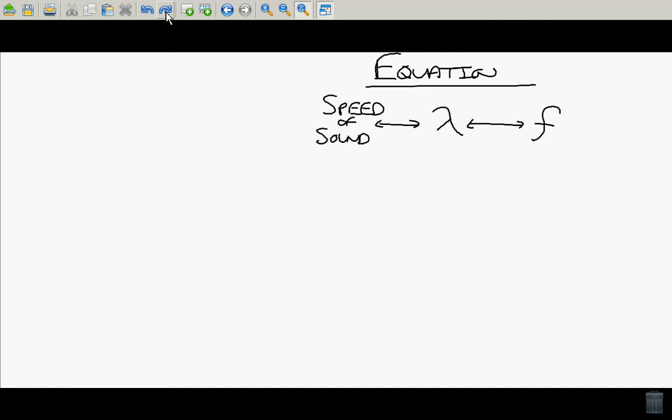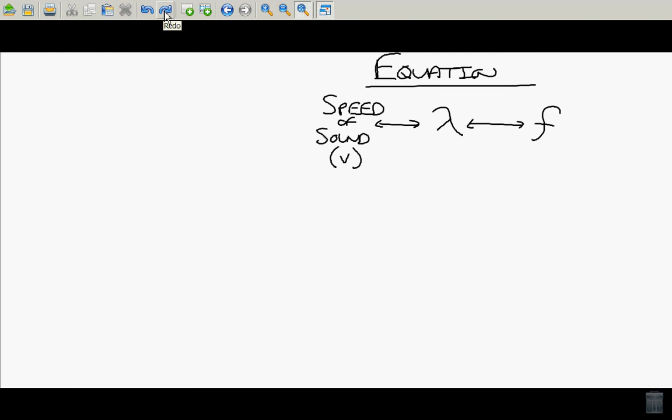Speed of sound is typically labeled as v for velocity, and speed and velocity are somewhat interchangeable. Velocity should be a vector, which includes a direction. Since the speed of sound is usually not including a direction, it's kind of confusing to use v, but that's just the typical thing that we see.